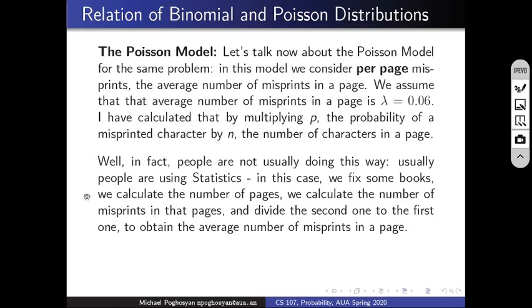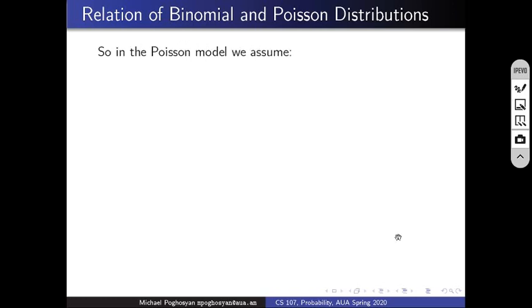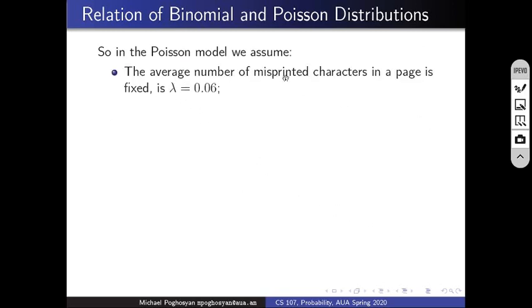And in the statistics course, you will cover why this calculation is giving a good guess for that lambda. Now, for the Poisson model, we just need to assume that the average number of misprinted characters in a page is given, is fixed. So lambda is 0.06.